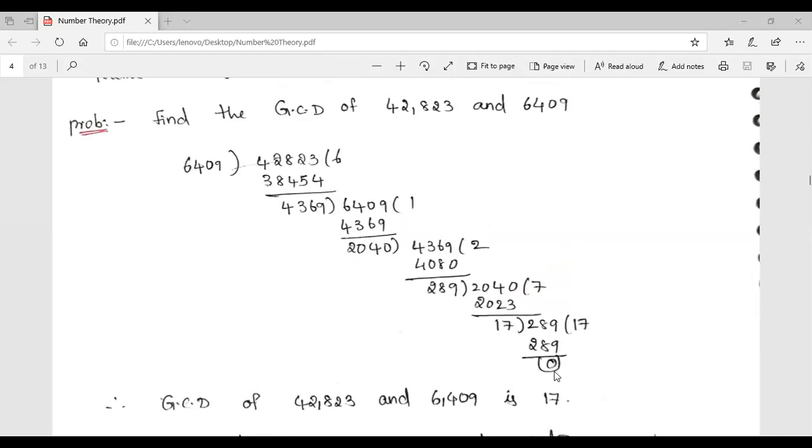So 17 is the greatest common divisor of 42,823 and 6,409. So the answer is 17. In this way we find the greatest common divisor for big numbers.